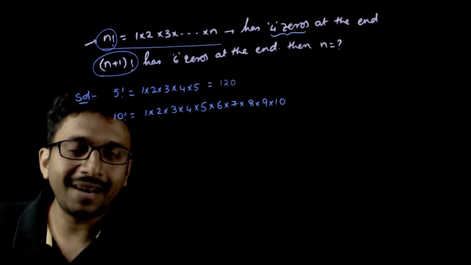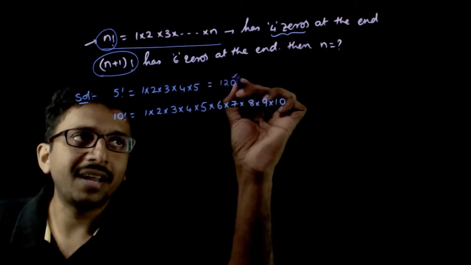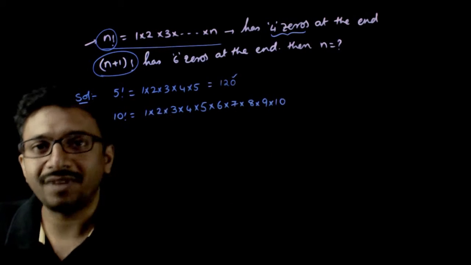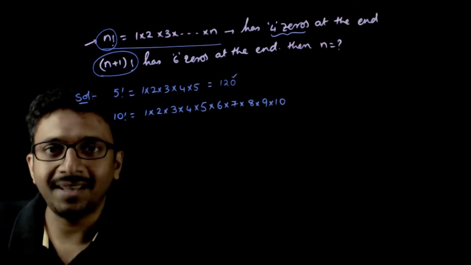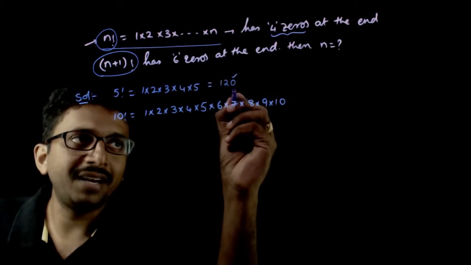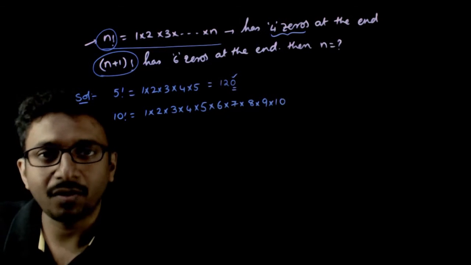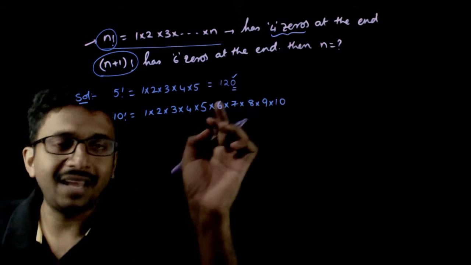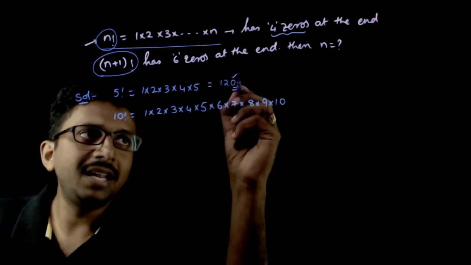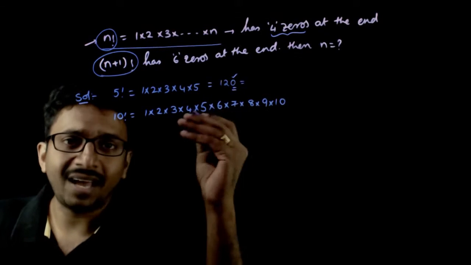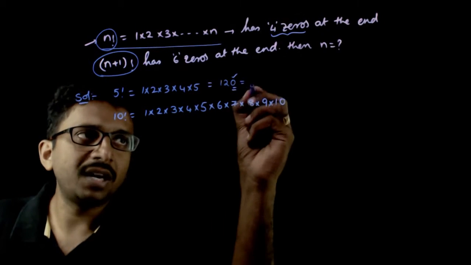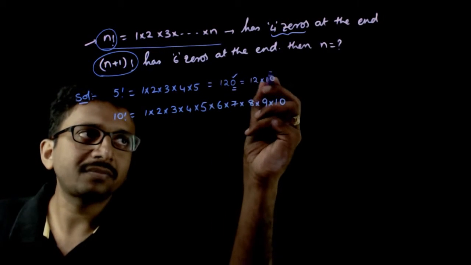So now if you want to analyze how many zeros you get at the end of some number factorial, how do you analyze it? If I want to find the number of zeros at the end of some n factorial, I need to analyze something. My method is something like this. 120 is nothing but 12 into 10.